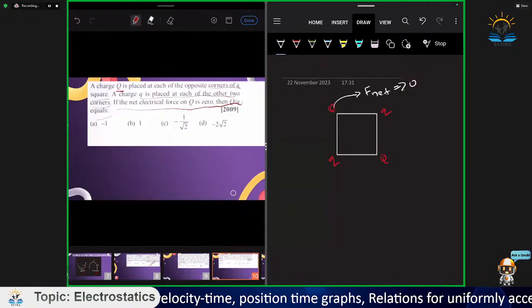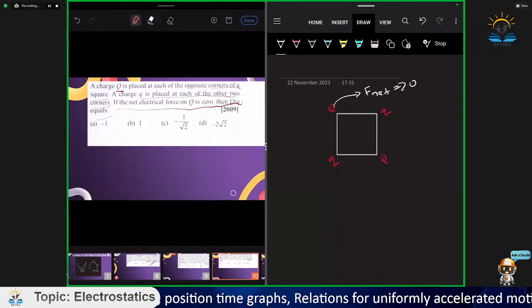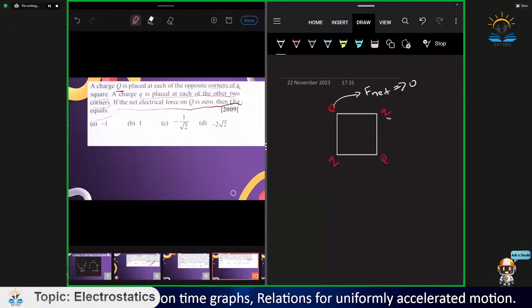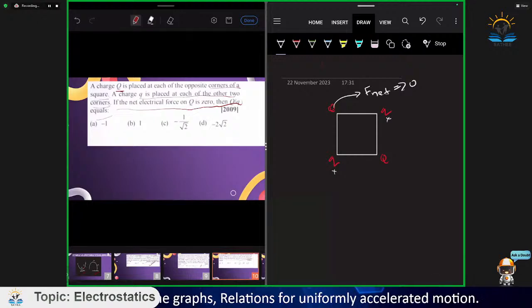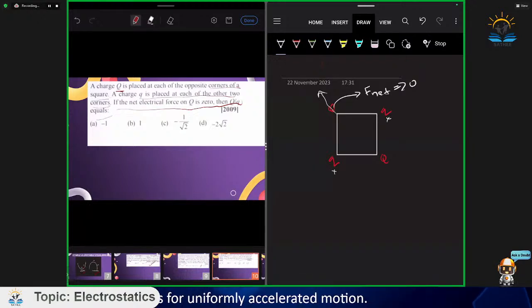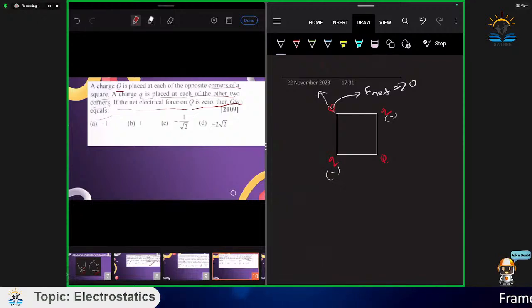After that, the Q by q ratio is asked. See, if the small q's are positive, then the net force will be along this direction, so the net force will never equal 0. So these small q's must be negative charges. That's the logic.